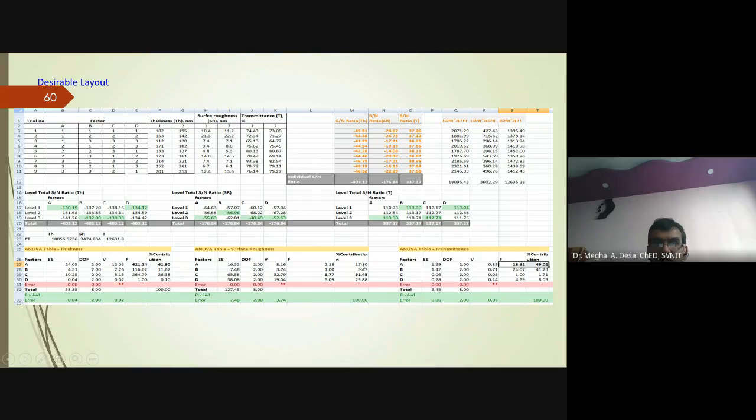This is the last table that I'm showing you. This one is for ANOVA. Above that, the values highlighted in green are the optimum condition. This is the level total table, and the first section is for your orthogonal array and signal to noise ratio calculation.